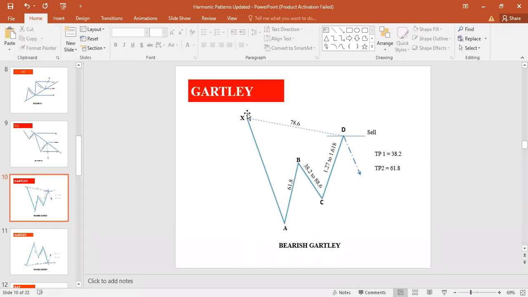You can see the swing from X to A is even larger than A, B, C, D combined. So this tells you traditionally that the market is downward. The XA leg tells you traditionally that the market is downward.